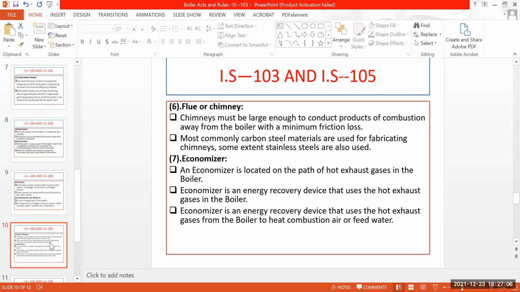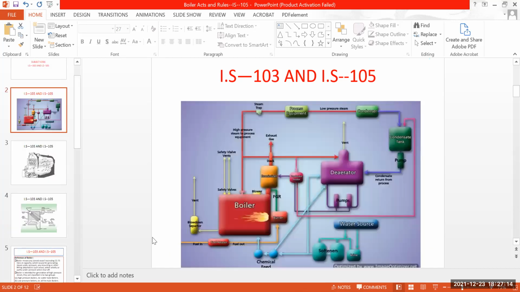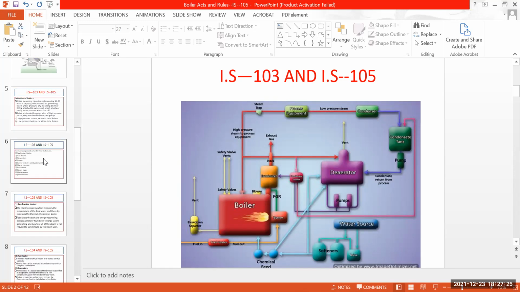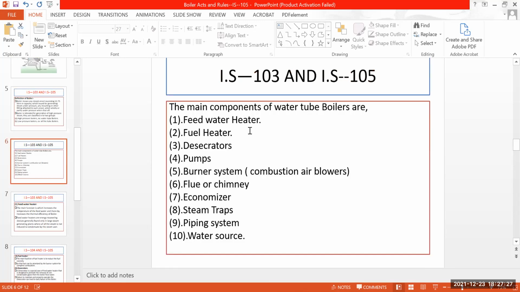Might be I'll try to collect all these pictures with a diagram based on this one. These pictures are not showing properly for the condenser, deaerator, preheater, feed water heater and fuel heater.